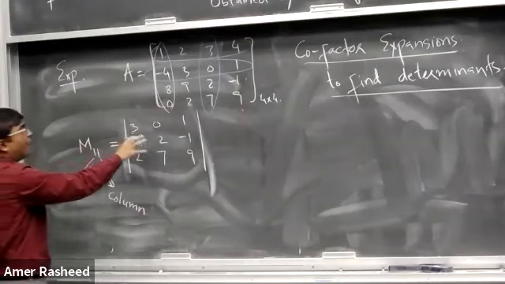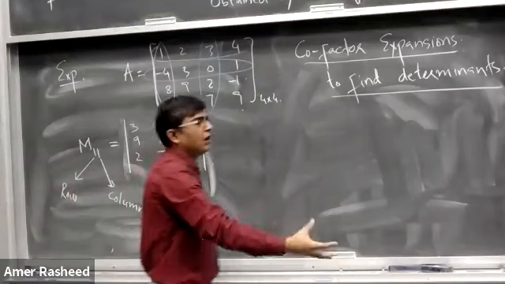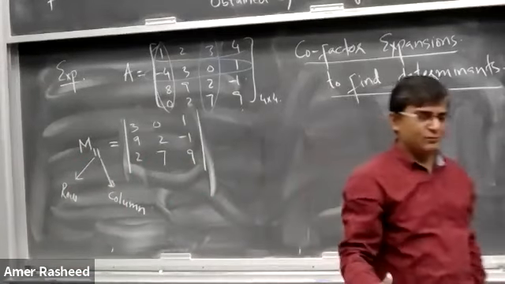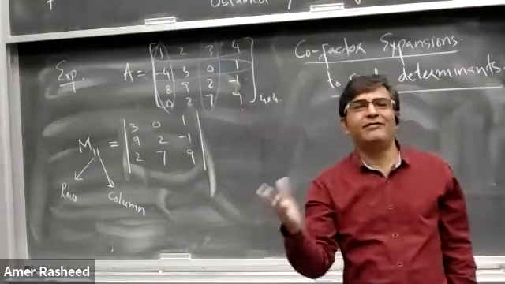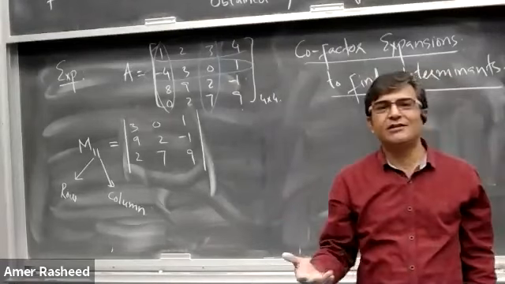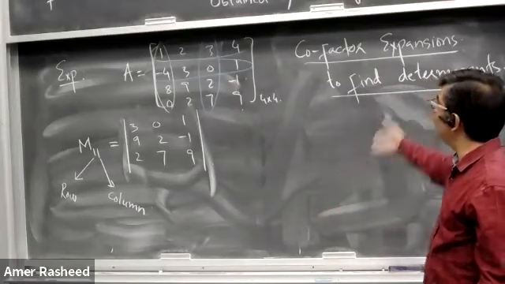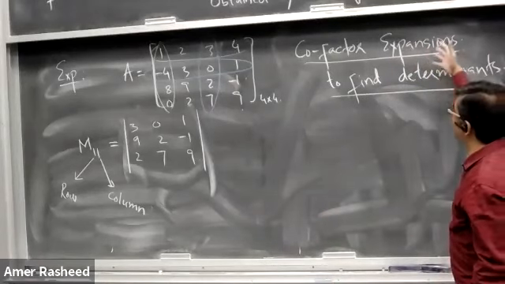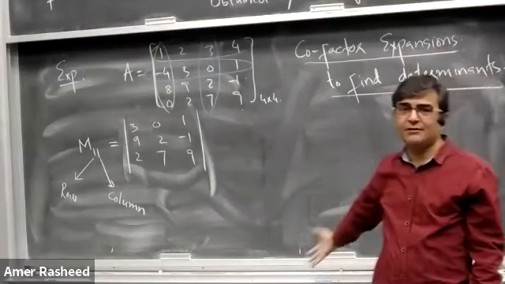So once we have obtained one minor, we have to reduce it into another minor, which is 2 by 2, by eliminating the first row, first column, or second row, second column, whatever. We are going to discuss it in more detail when we discuss cofactor expansions to find the determinants.